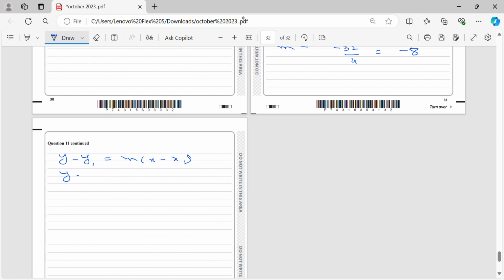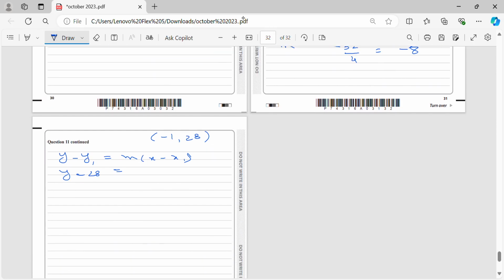If I take negative 1 and 28, the gradient I got is negative 8. So y minus 28 equals negative 8 into x plus 1. Because I need to give my answer in the form y equals mx plus c, let's write in that form: y equals negative 8x plus 20. So the C part is done.